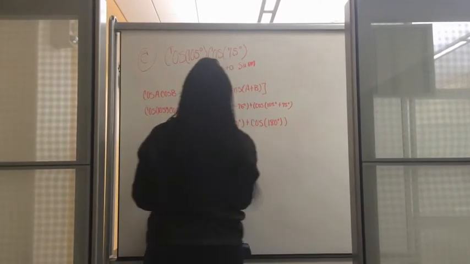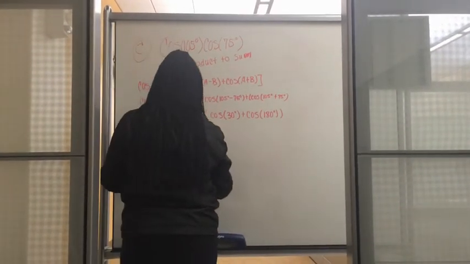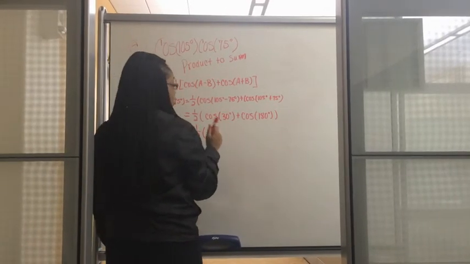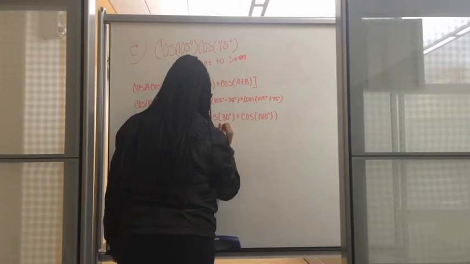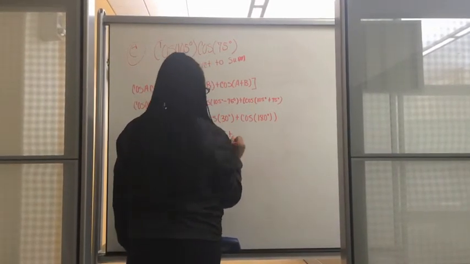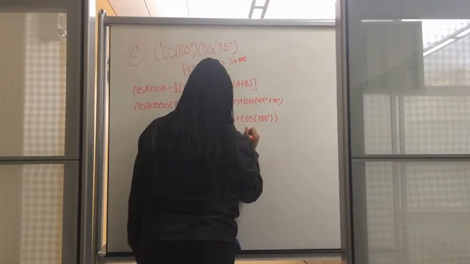So after that, I looked at the unit circle, and cosine of 30 degrees is square root of 3 over 2, plus cosine of 180, which is negative 1.